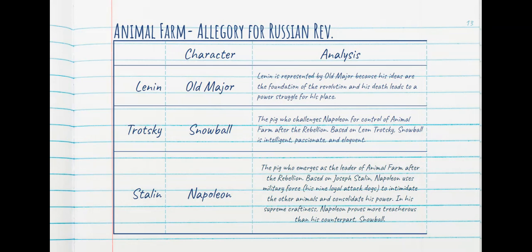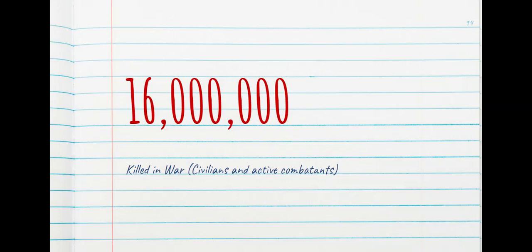Stalin becomes this calculating person, and he takes power of the Soviet Union. So that's a little bit interesting. Trotsky eventually gets assassinated in Mexico. Moving on, we're going to talk about overall effects of the war now.